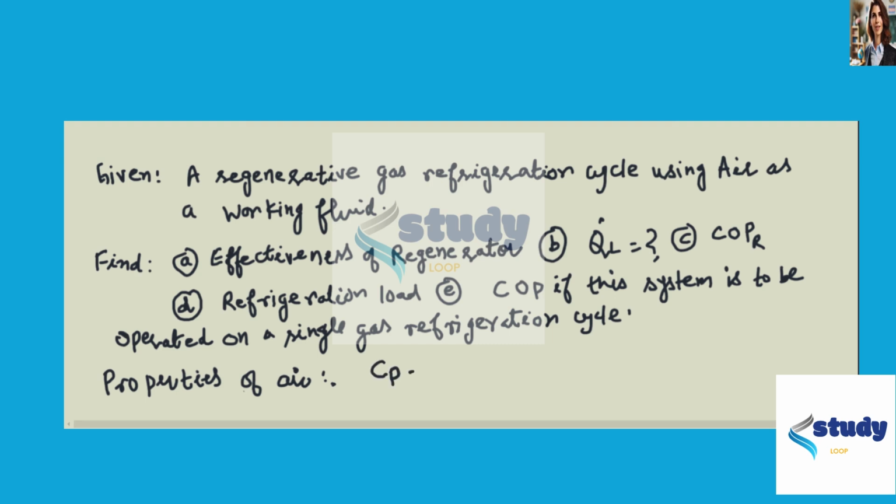Specific heat at constant pressure 1.005 kilojoule per kg per Kelvin, and adiabatic gas constant 1.4.